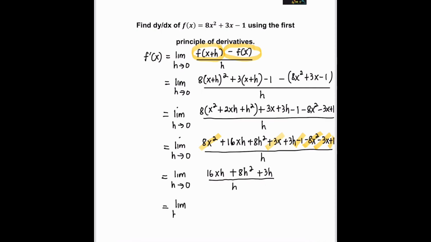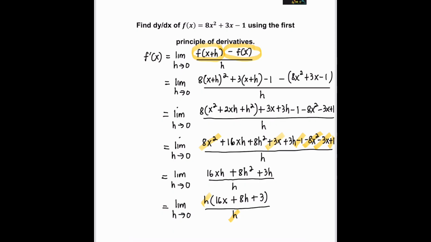All right, so let's continue. So limit as h approaches 0. So we factor out the h. So factoring h out from this term, we will be left with 16x. From the middle term, it will become 8h. And third term will be 3 divided by h. And you can see that we can cancel out the h from the numerator and the denominator. And we are left with 16x plus 8h plus 3. This is where we can apply the limit.